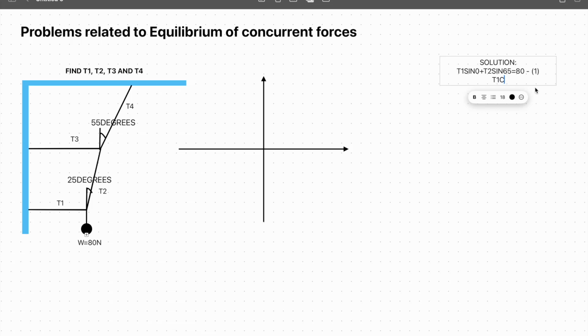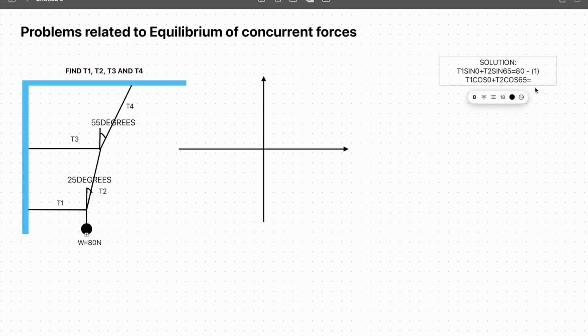T1 cosine of 0, because T1 itself is working along the x-axis, and for T2 it's cosine 65, or otherwise we can say T2 sine of 25.